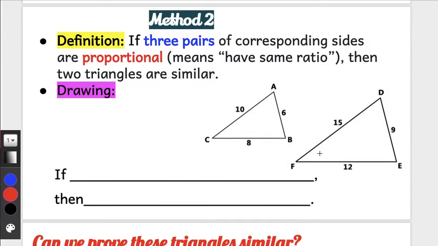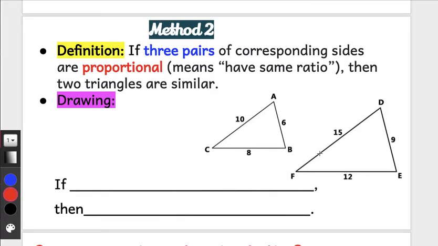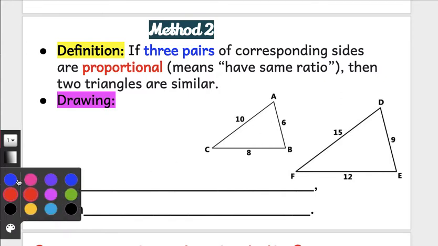So let's check the next method. This one says, pay attention to the keywords in the definition. 3 pairs of corresponding sides are proportional. As we mentioned, meaning they have the same ratio. Then 2 triangles are similar. In this drawing, I show 2 triangles with the measurements of all sides. So let's quickly check what the corresponding sides are and how they match each other. This time, I'm going to use colors to show the matching sides, but remember they are not congruent.